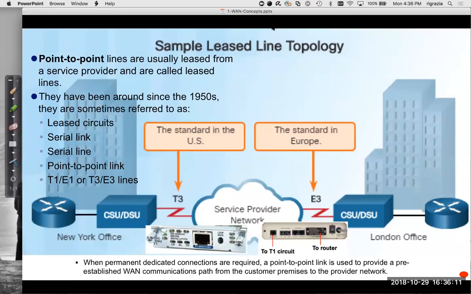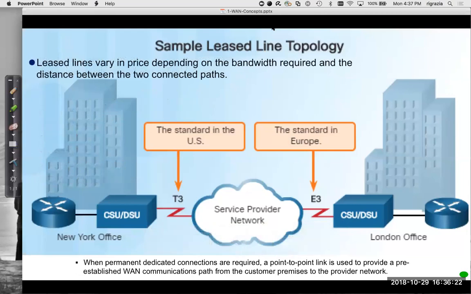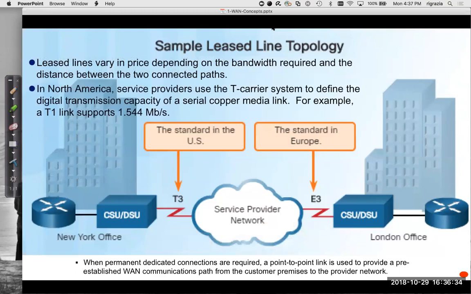We can see here that you connected through a CSU/DSU that connected your network to the service provider's network. The price for these leased lines depended upon the bandwidth that you were getting and the distance between the two paths. And we can see that this could actually be quite costly.